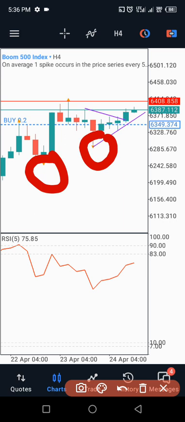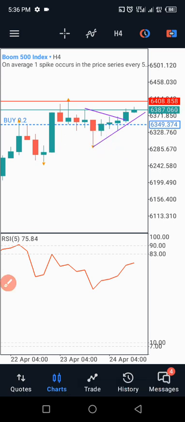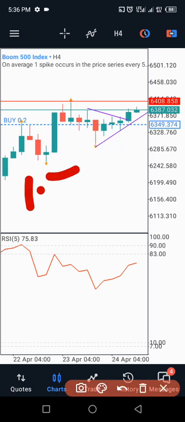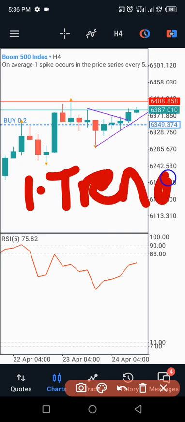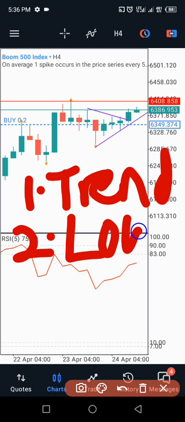So that is the second thing. The first thing is to note the trend, which we have done, and the second thing is to note the low, that this low here is higher than this low.